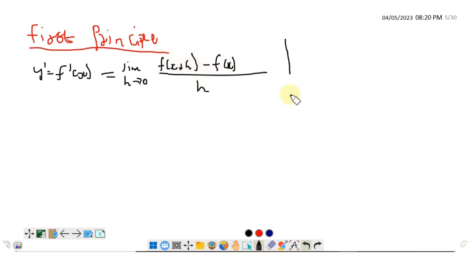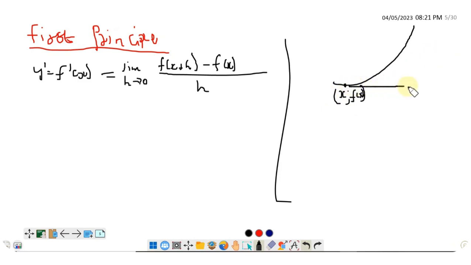This is a gradient of a graph. If you have a graph and you have a coordinate here, the coordinate here is x and f of x, because f of x represents y, right? So if you have x, then your y value is going to be the f of x. And then if you move a certain distance h, when you get here, the x value is now what?